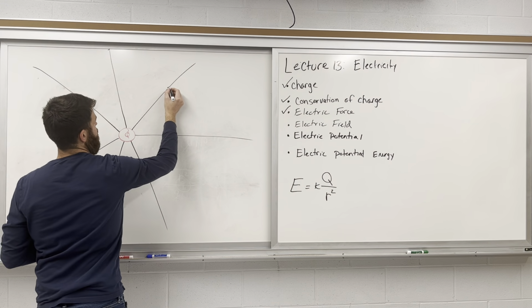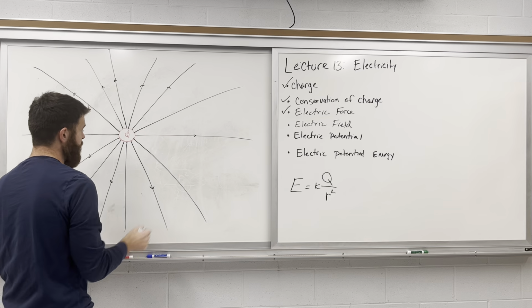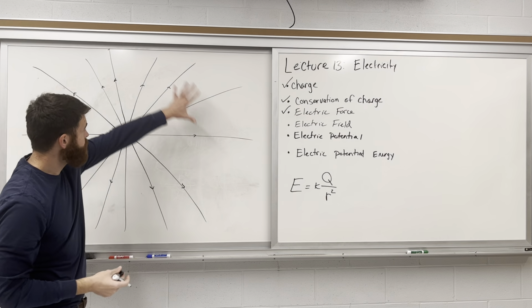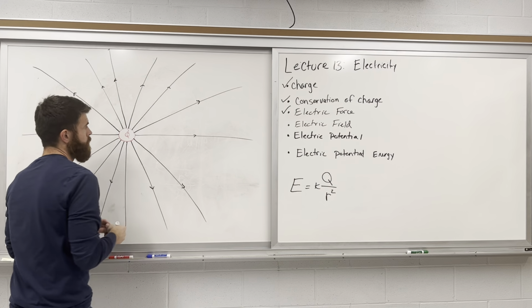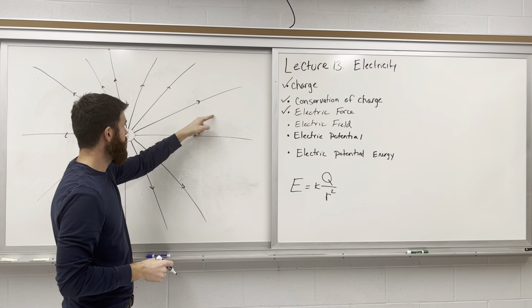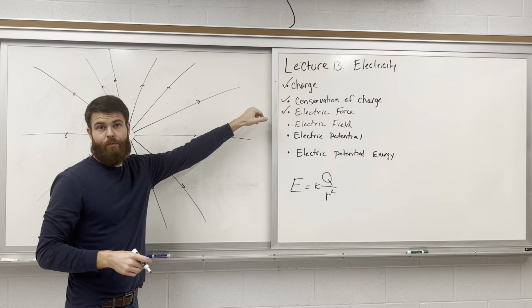We can draw as many field lines as we want. The field lines tell us that if we put a positive charge in here, which direction would the force that this charge exerts on it be in? Well, if we put a charge in here, we can imagine the field line would be this way. It would push it this way, outward.